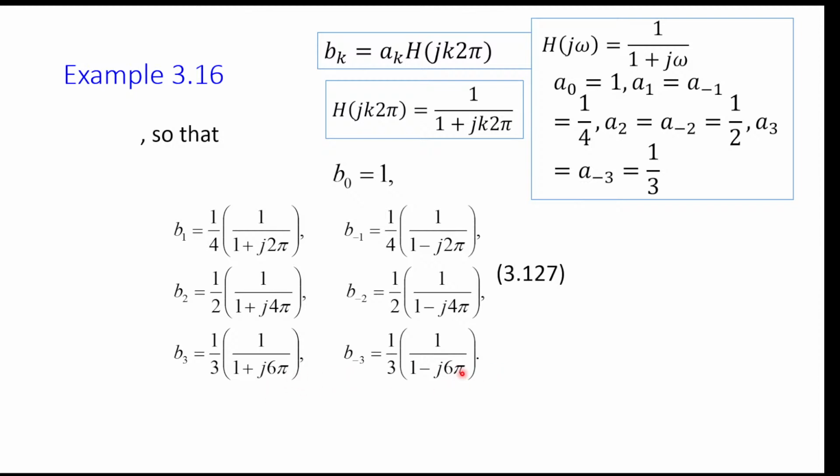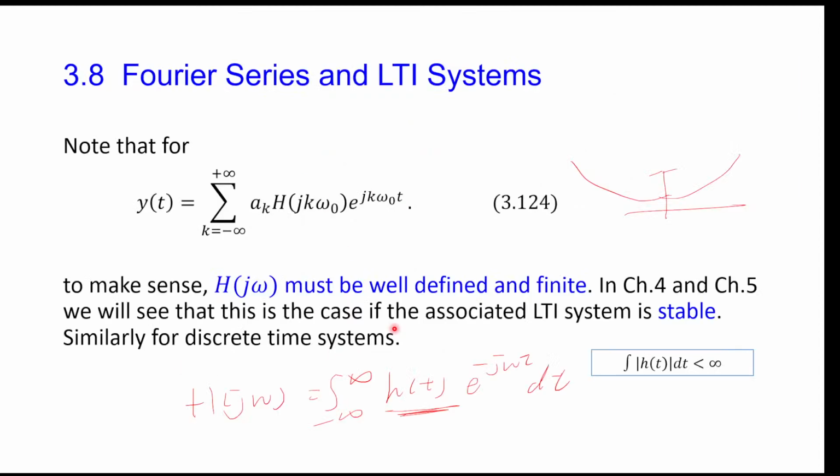Okay, and here we just combine the algebra, and in the end you see this is your b_3 to b_minus 3, and we can combine all these together, and you will get some function, some function y of t.